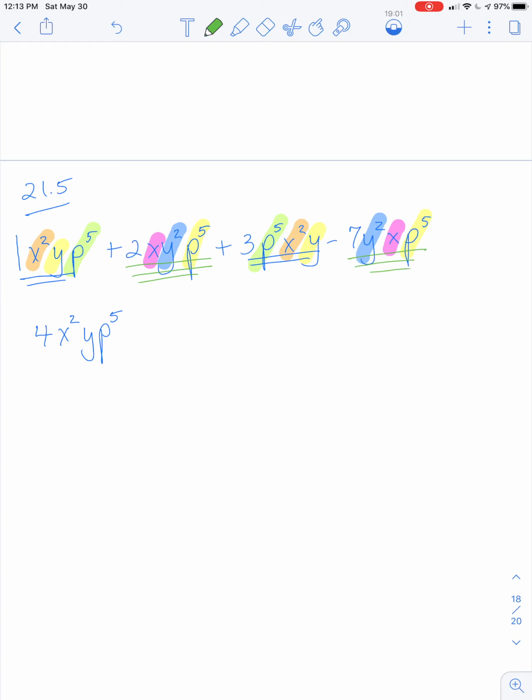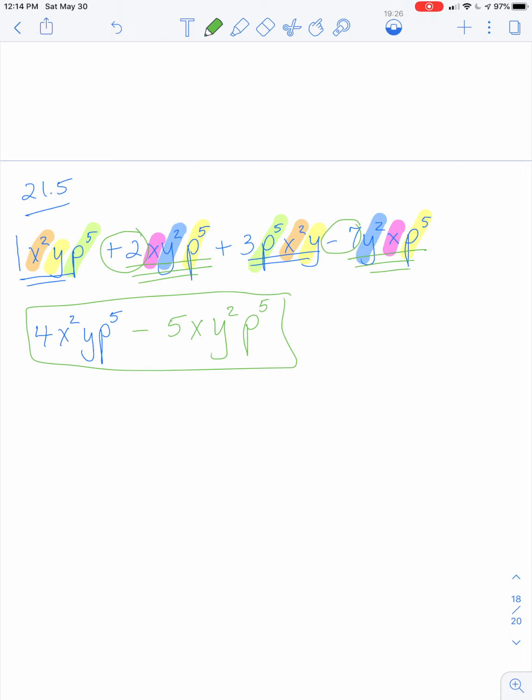So these are called like terms. So we can add together that second bunch. So I have a positive 2 minus 7. That would give me a minus 5. And I write their last name, x y squared p to the fifth power. Okay, and that would be the answer to that problem.